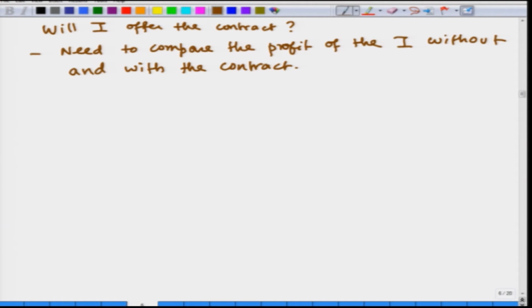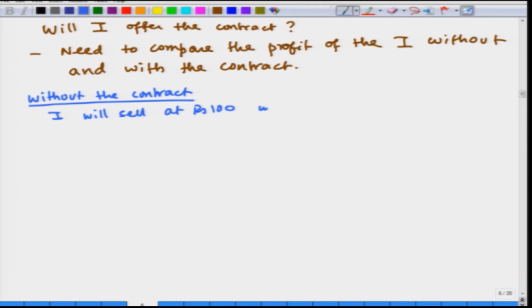Okay. Let us start with the case where the contract is not there. So, without the contract, what is the incumbent's profit? Well, without the contract the probability of entry is 1/2. So, with probability 1/2 the entrant will enter and the incumbent will not offer the product to the buyer. With the other probability 1/2 the entrant will not enter, so the incumbent will be a monopolist and charge 100. So, I will sell at rupees 100 with probability 1/2.